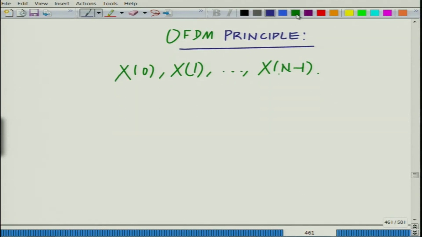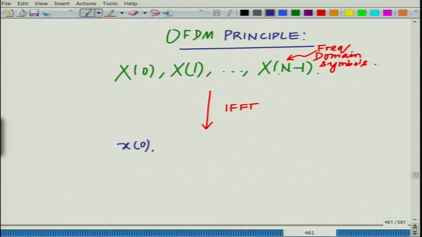And we proceed with the IFFT of these symbols. So, at the transmitter, you can think of these as the frequency domain symbols. And from these you get the time domain samples, that is, we do not transmit the symbols directly, but perform the IFFT, unlike conventional communication, and transmit the time domain samples.